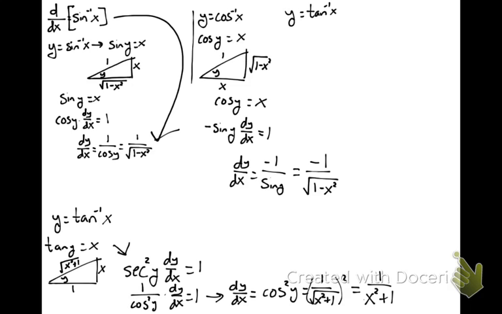So we've just derived the derivatives of all of the inverse trig functions. Extending this one step further, if we were going to take the derivative of the inverse sine of u instead of x, so instead of x we've got something a little more complicated, then all we've got to recall is the chain rule, that the derivative would be 1 over the square root of 1 minus u squared times du/dx.